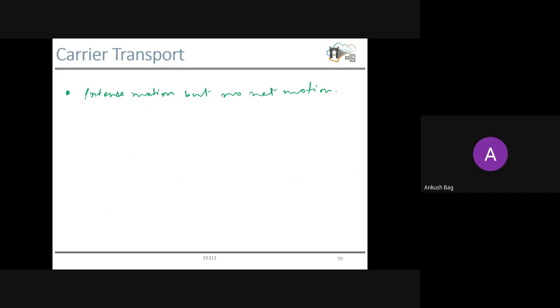It has very high thermal velocity, but there is no net motion and no net current. If we now summarize the properties of random thermal motion, there is no net motion.